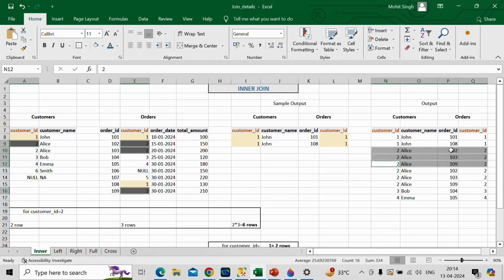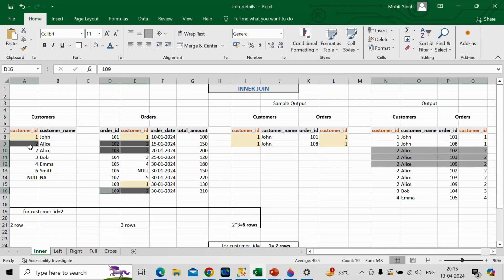So how can you confirm this? You can check the order ID value. For the first matching record, the order ID value is 102. So this is 102. For the second matching record, the order ID value is 103. So we are getting 103. And for the third matching record, the order ID value is 109. So here it is 109.